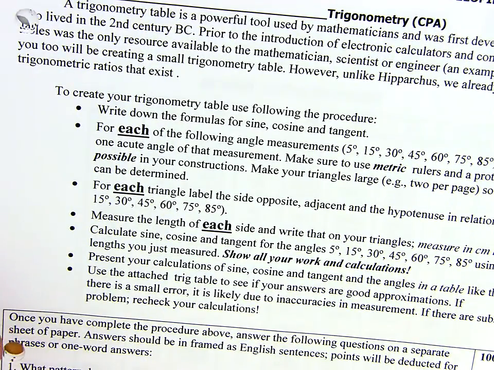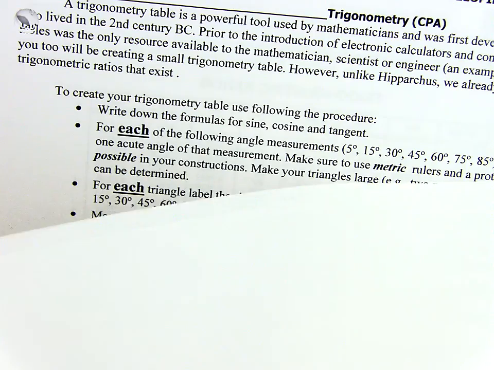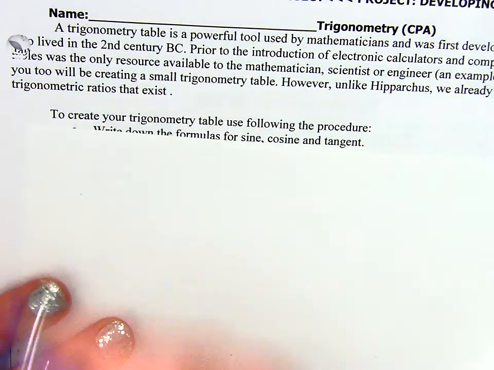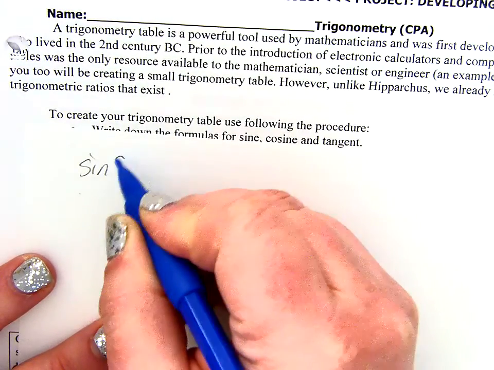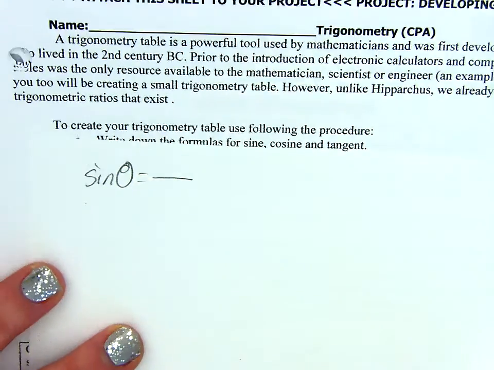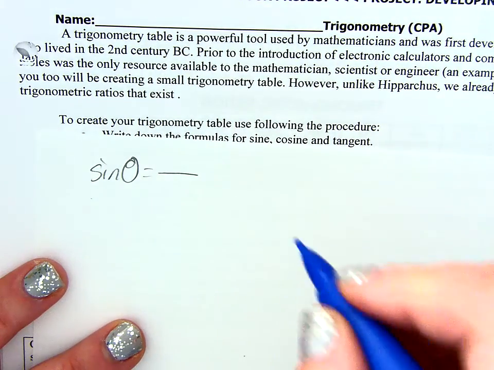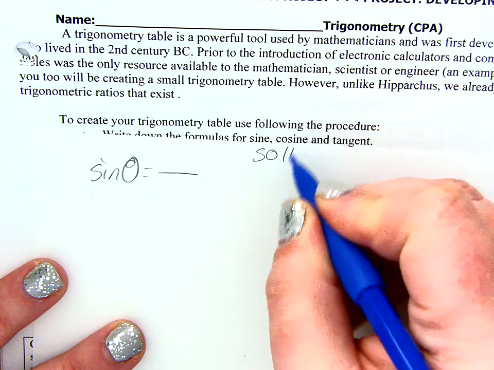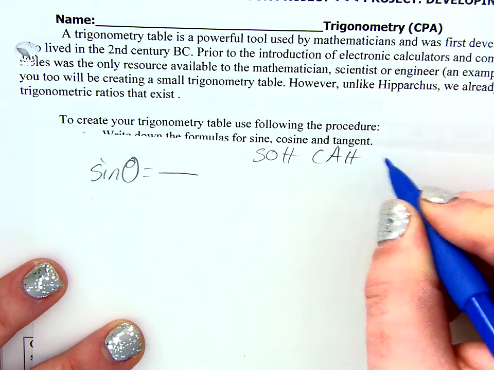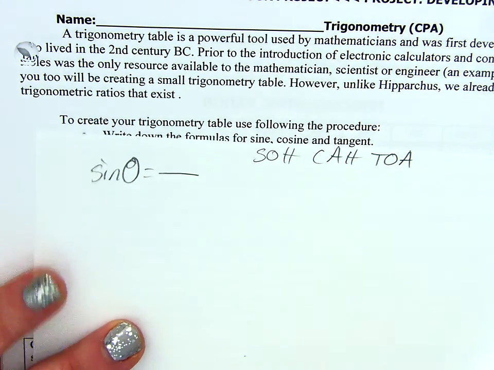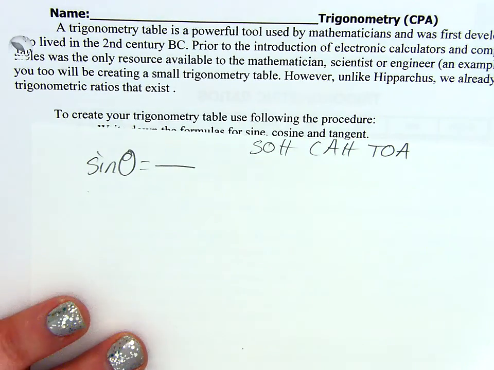Do you remember SOHCAHTOA, right? Remember that magic word? And then you remember sine, cosine, tangent? So, for the sine function, I'll put the magic word here. SOHCAHTOA. So what was sine equal to? What over what? Do you remember?